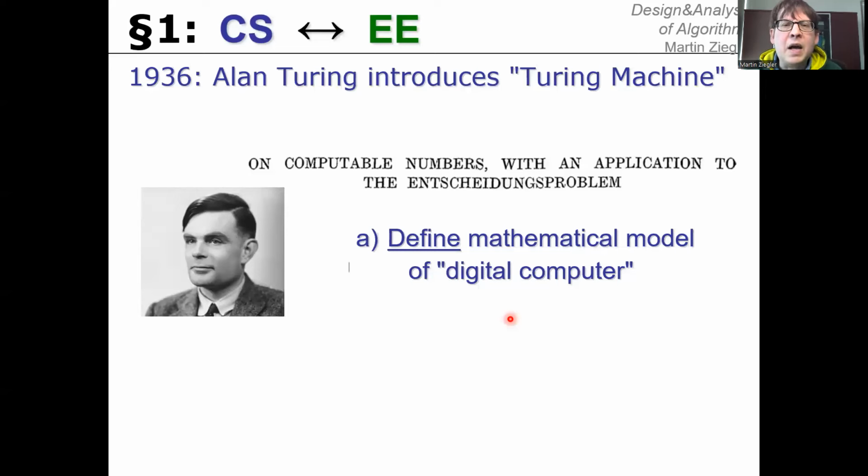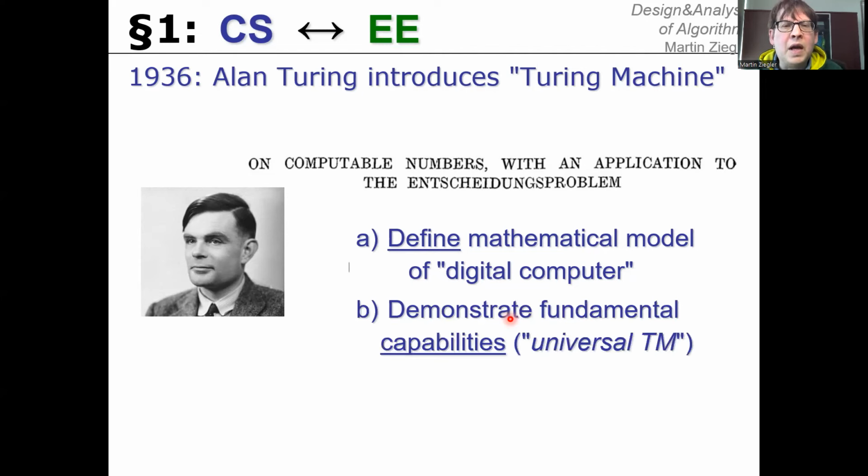However, at that time, there were no such digital computers. So his mathematical conception went beyond what was available technologically at that time. Furthermore, he analyzed this model, namely he demonstrated its fundamental capabilities.